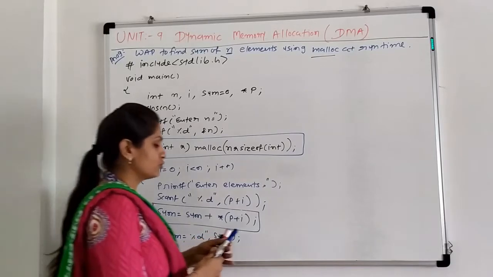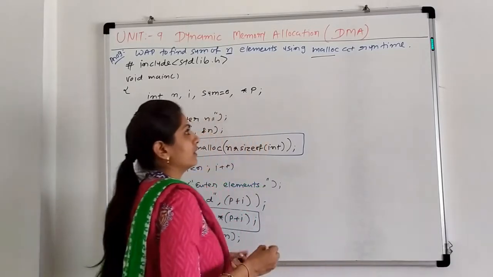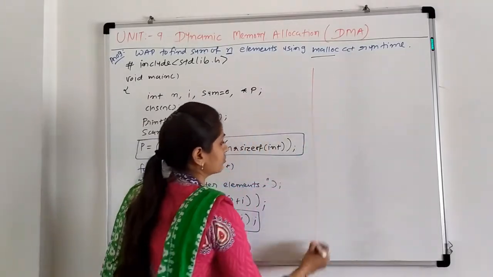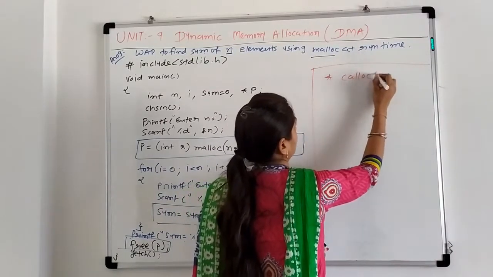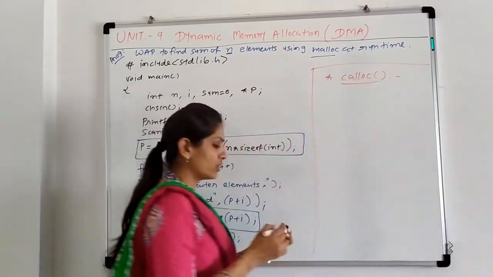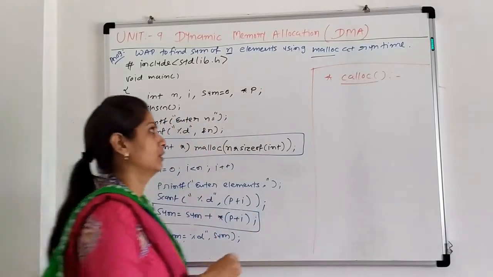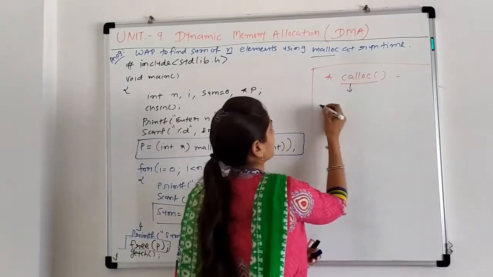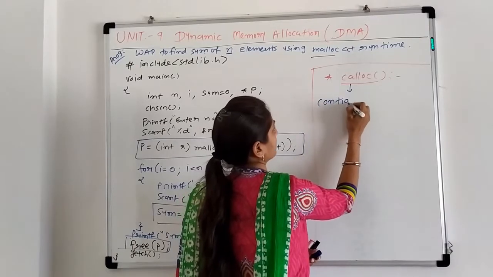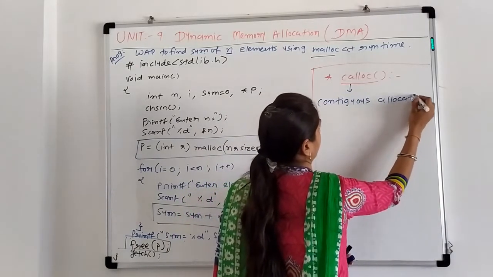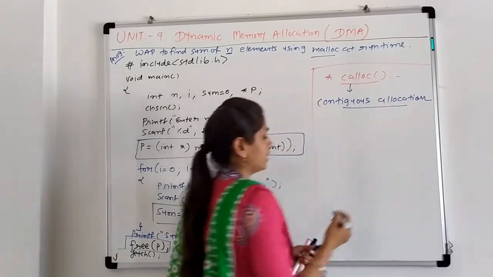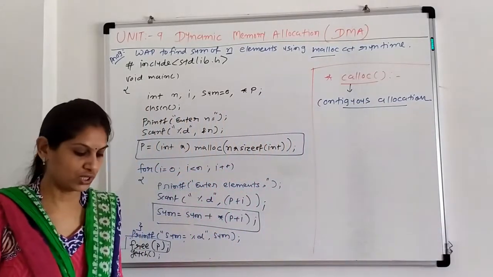But today we discuss another function that is similar to malloc, and the name is calloc function. Now what is the full form of calloc? The calloc full form is contiguous allocation. Full form is contiguous memory allocation.